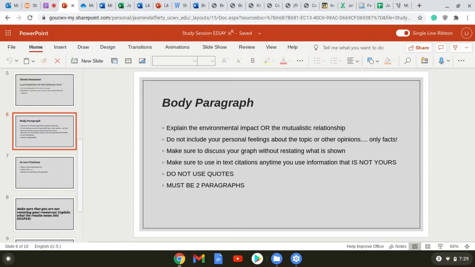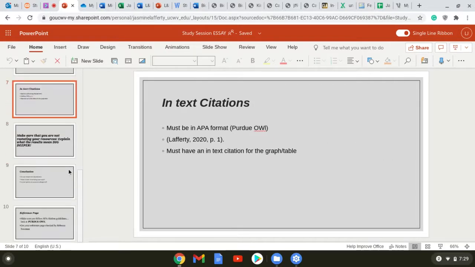Do not use quotes. That's another big thing. You should paraphrase everything. Nothing should be a direct quote. As Dr. Arnett said, no scientist writes something so well that it can't be reworded. Okay? And lastly, your body paragraphs must be two complete paragraphs. Okay?